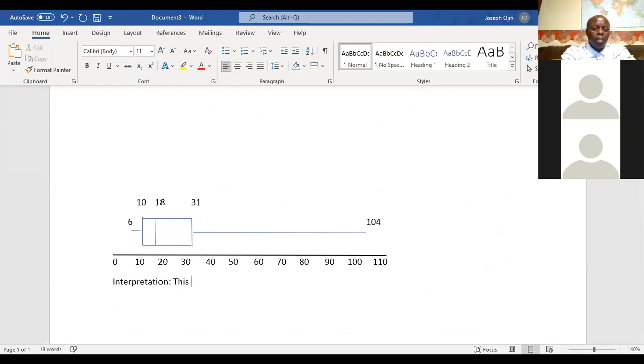This data set is skewed to the right, because this part of the box is bigger than this part. And you can see very clearly that this is an outlier. It's standing out, and has one outlier.